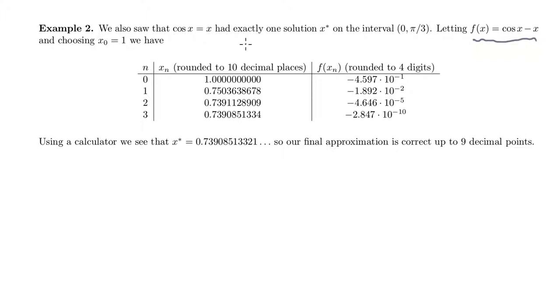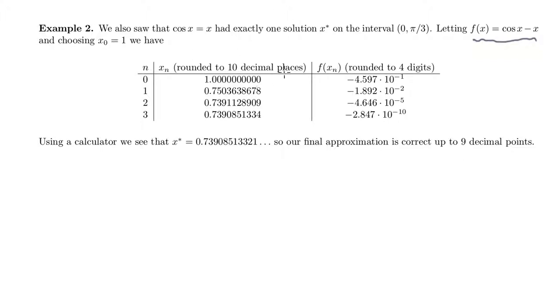And when we talked about the intermediate value theorem, we showed that this equation has one solution between 0 and pi over 3. Pi over 3 is a little bit bigger than 1, so I just chose x0 to be equal to 1. And we see that f of 1, so cosine of 1 minus 1, is already pretty small, about negative 0.45.